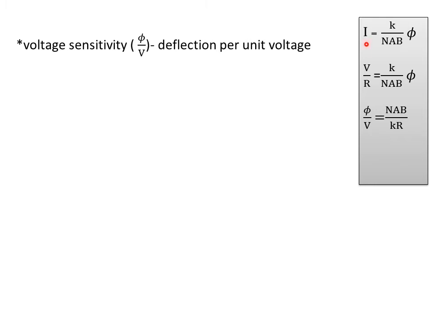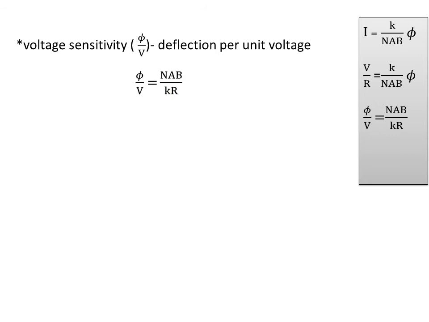Instead of I, we can write V by R. So from this equation we can write phi by V is equal to NAB by K into R. So to increase voltage sensitivity, we can increase the value of N, A or B, or decrease the value of K.